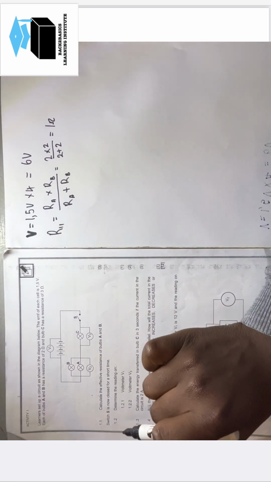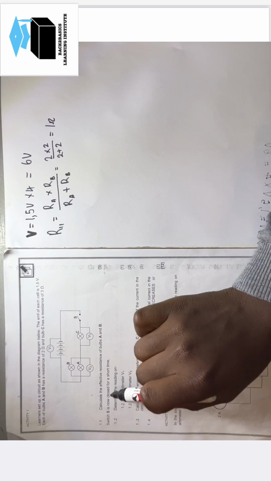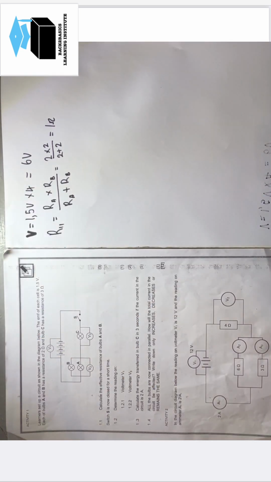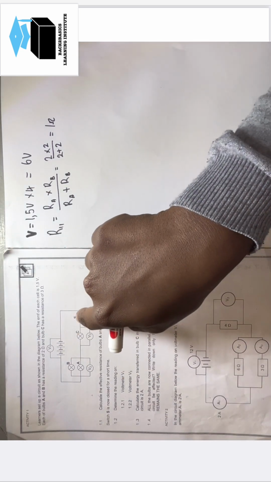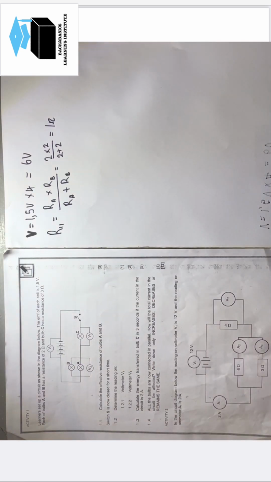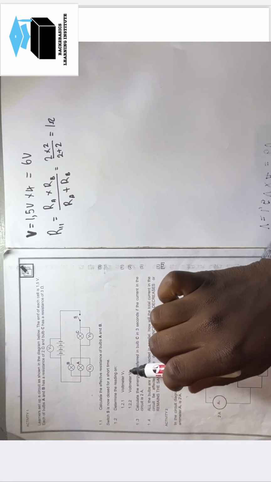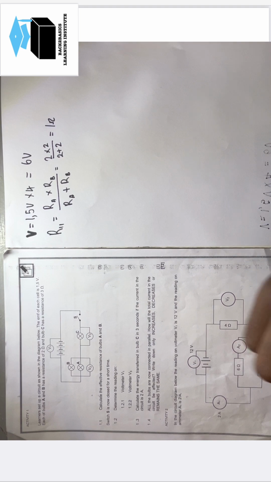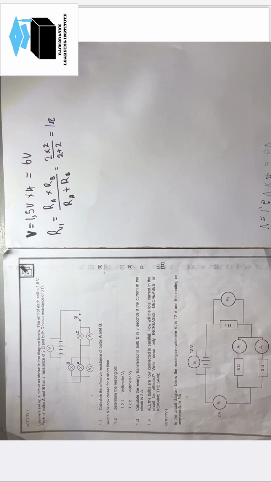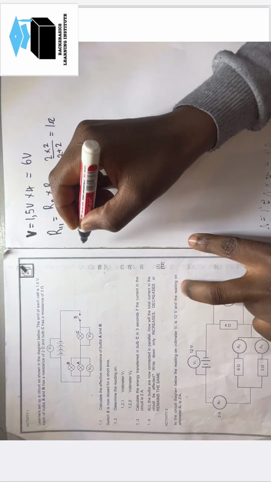Now, in 1.2, they say switch S is now closed for a short circuit. So they're saying this is closed, and you know that as soon as this is closed, there is a current flowing within this particular circuit, right? Now they say determine the value of V1.